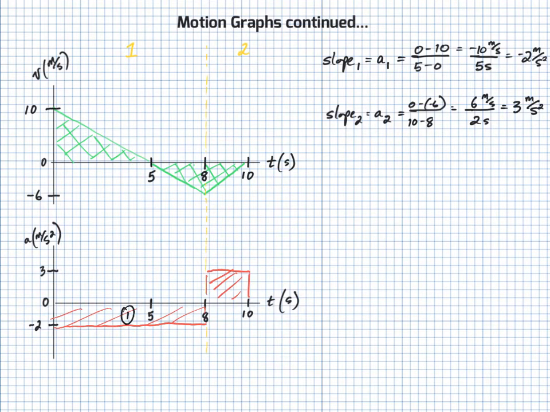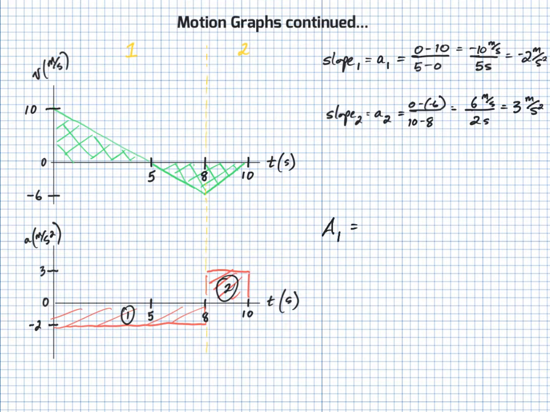Now, we can also gather some useful information from an acceleration versus time graph. We said that the area underneath an acceleration time graph is going to give us our change in velocity. Area 1 and area 2 here are rectangles, so we can very easily find those areas.